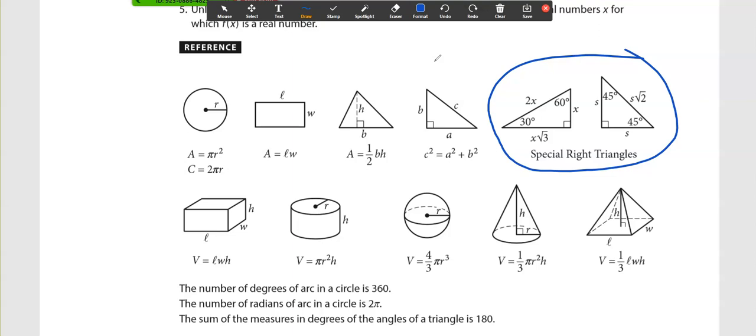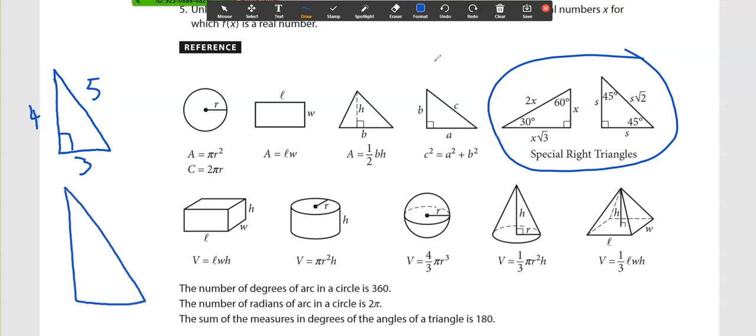For instance, one of the triangles you should look for, because it shows up all the time, is the special right triangle 3, 4, 5. It's called a Pythagorean triple, and sometimes it shows up differently. Sometimes they call it 6, 8, 10.